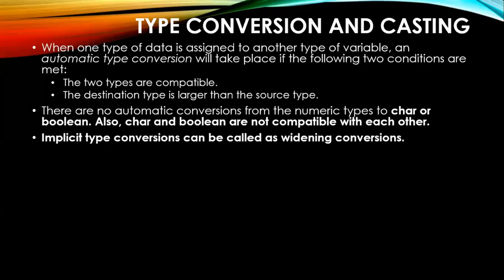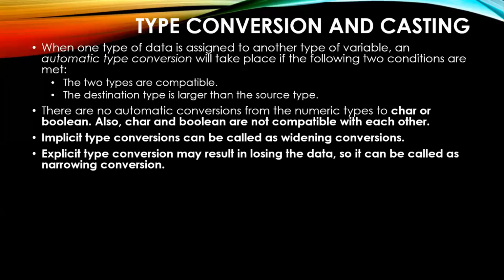Implicit type conversion can be called widening conversion. I have already shown you an example of why it is called widening conversion. Explicit type conversion may result in losing data, so it can be called narrowing conversion.